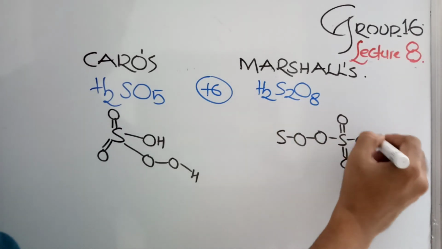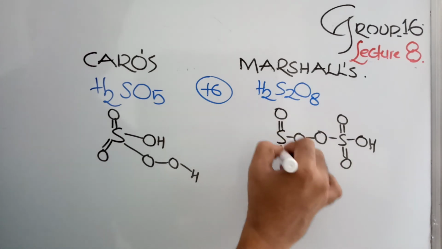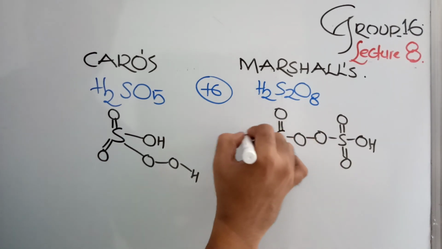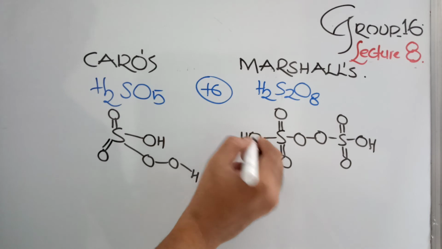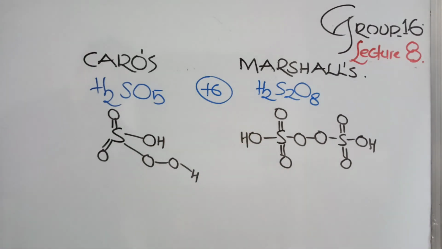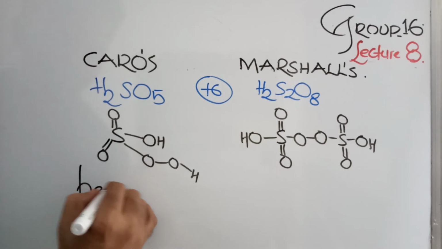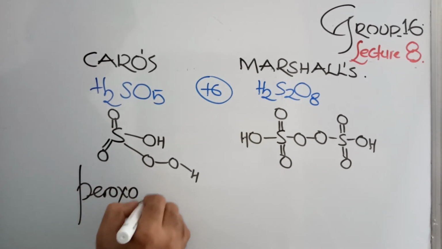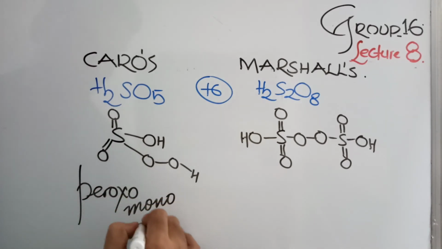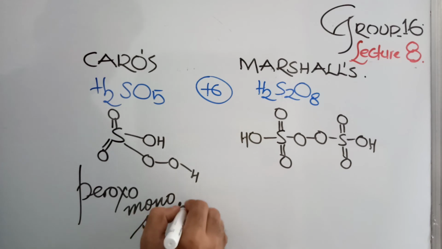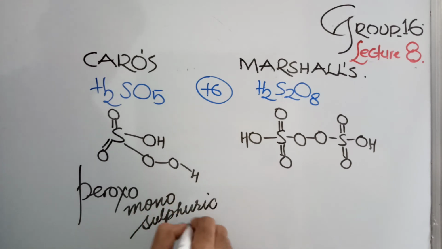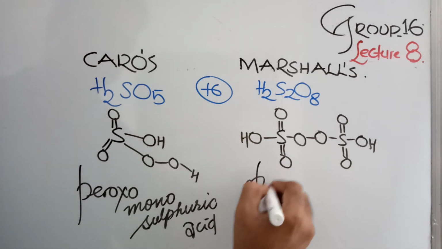Previously I said SOS linkage, now you can say this is SOS linkage. H2S2O8 is peroxodisulfuric acid, and H2SO5 is peroxomonosulfuric acid.